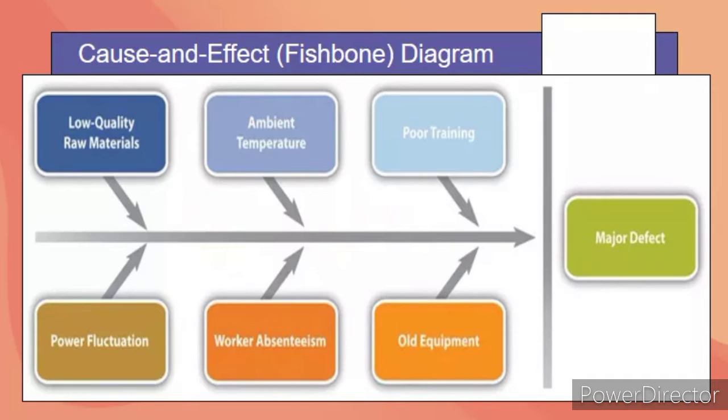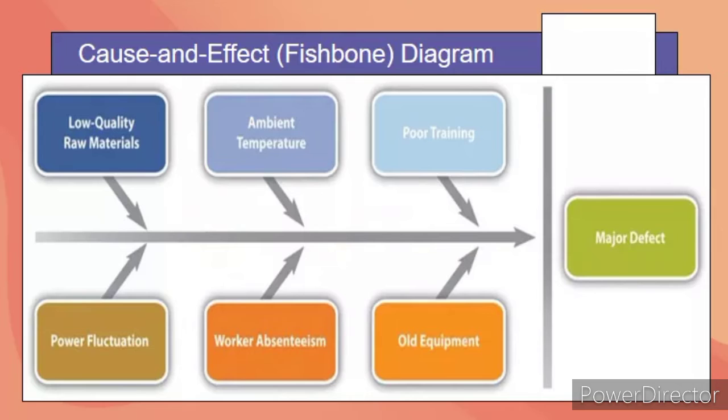You can see in the figure these 6 possibilities that the team identified as the assignable causes of the variation in its manufacturing line. Number 1 is low quality raw materials, power fluctuation, ambient temperature, worker absenteeism, poor training, and old equipment. And these 6 possibilities lead to a major defect.